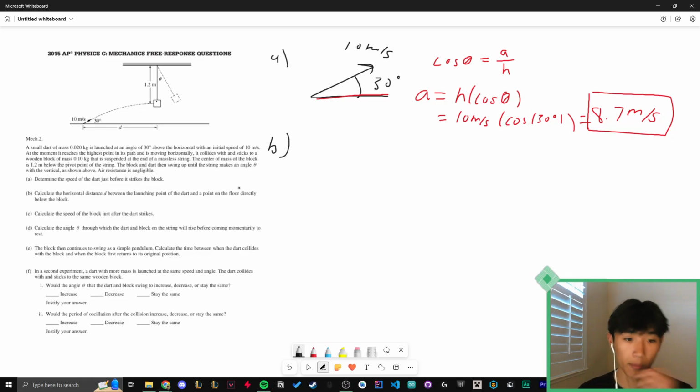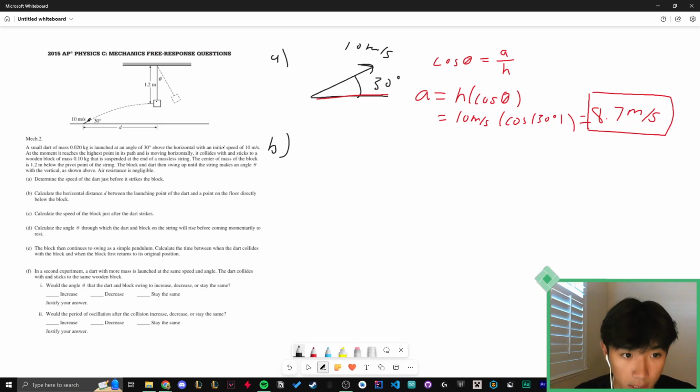Okay, part B, calculate the horizontal distance d between the launching point of the dart and a point on the floor directly below the block. Okay, so if we notice anything about this projectile motion, it's a parabola, and it just so happens that the parabola's highest point is where the block is.